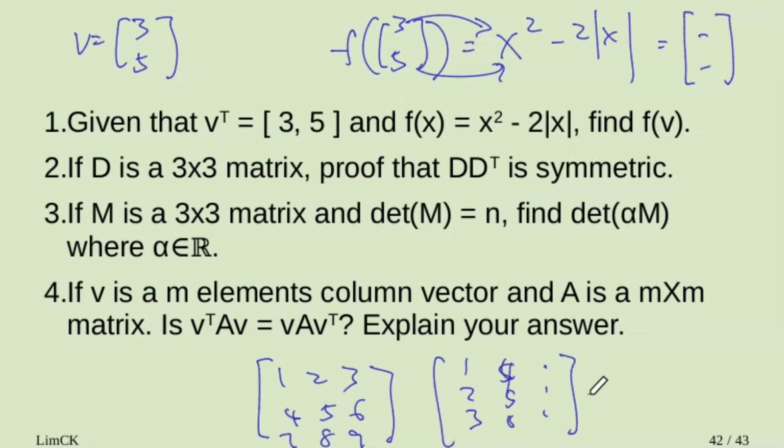They do a matrix multiplication and then find something. This is not a good answer. I wouldn't accept this as an answer at all, because you try to prove something with a special example.